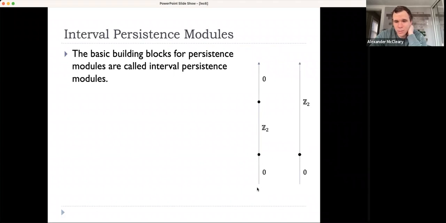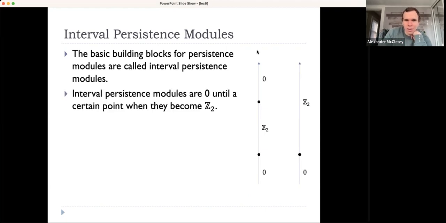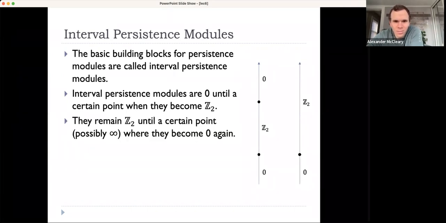Our persistence module is just going to be 0, 0, 0, 0 up until a certain point, when it becomes Z mod 2Z. And it stays Z mod 2Z up until a certain point, and then it's 0 again. Or it could be 0, 0, 0 up until a certain point when it becomes Z mod 2Z, and then it just stays Z mod 2Z forever.